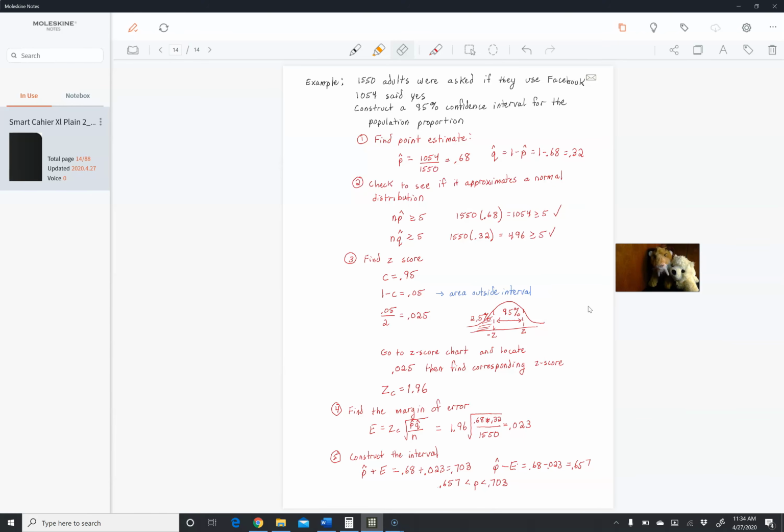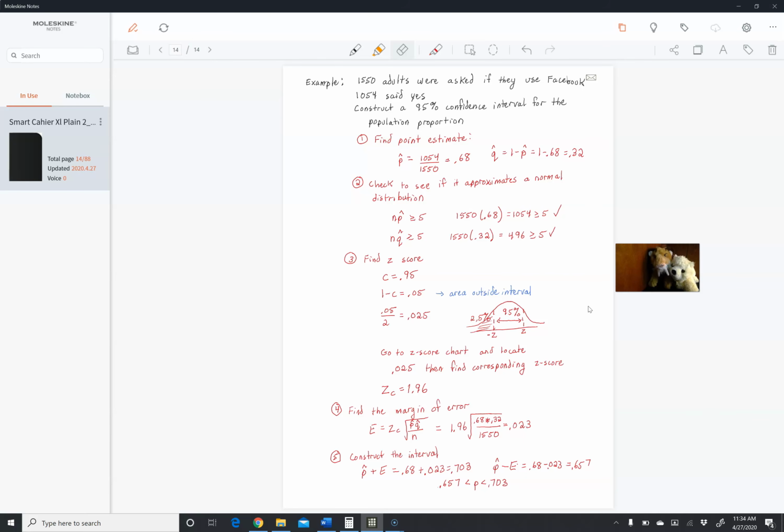So let's go back and just review what we've done so far. We're creating a confidence interval for a population proportion, which means the percentage of success in the population. We created a point estimate, which is whatever proportion we find from a sample.